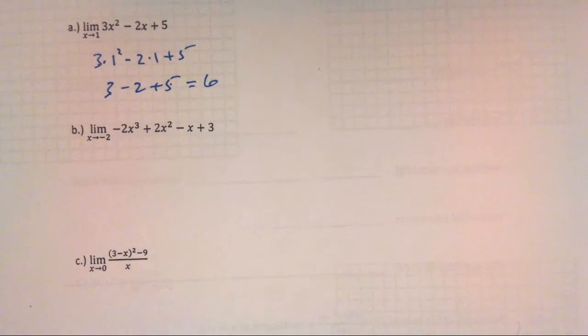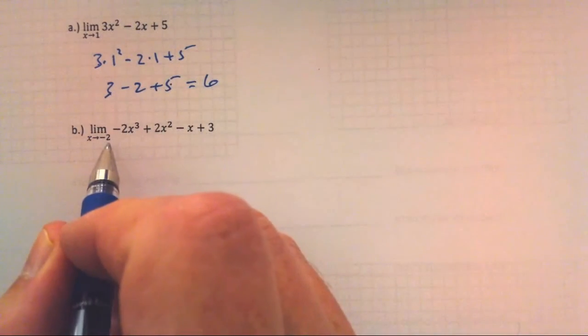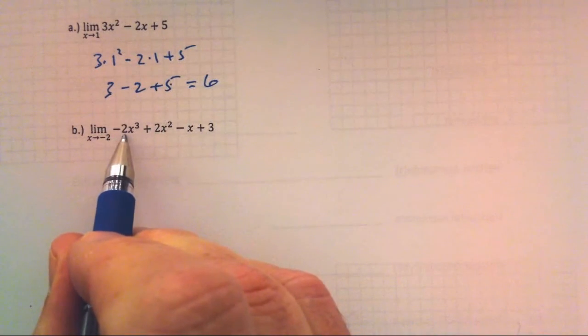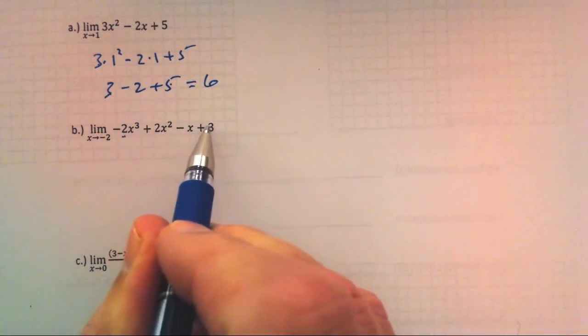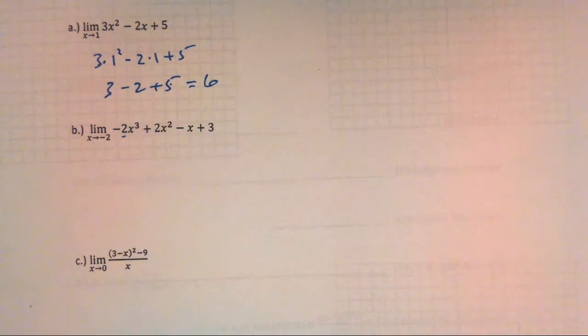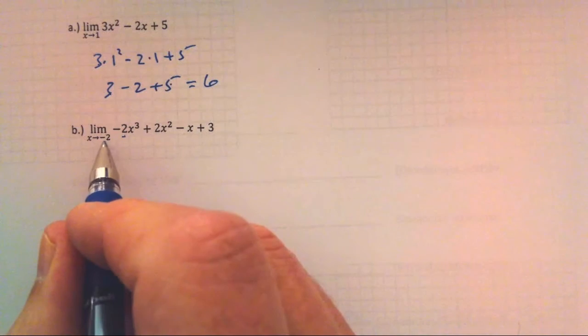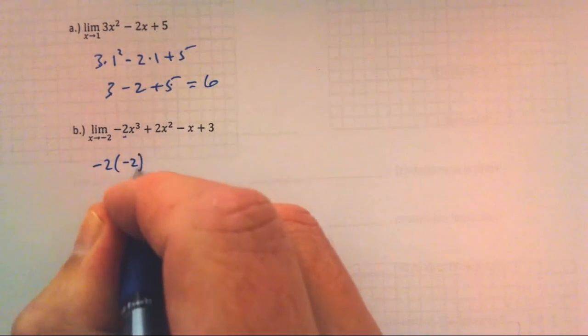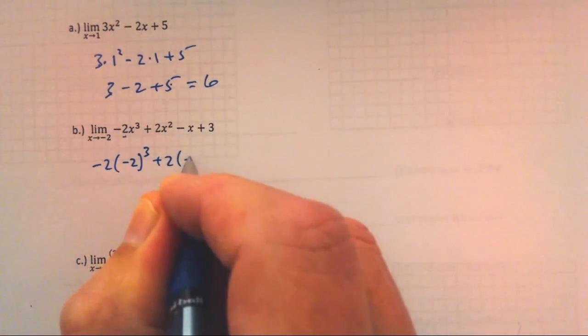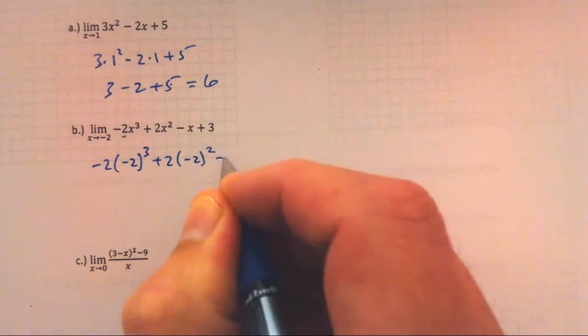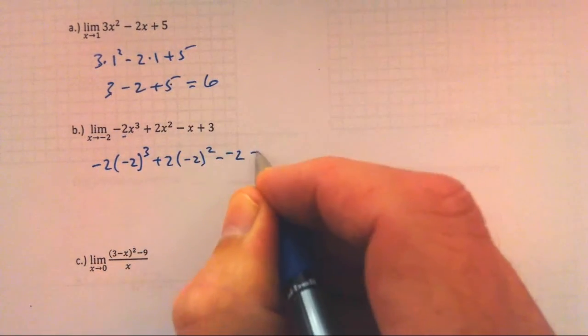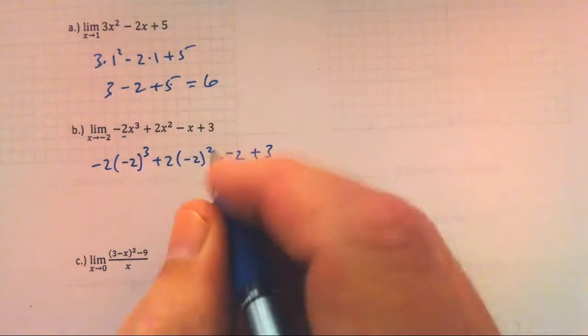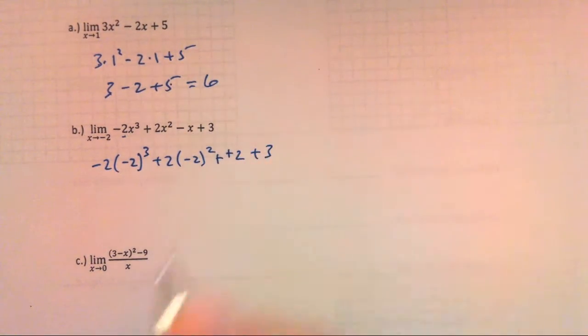Number 2. Again, going to try direct substitution. In fact, I know that's going to work because I know what the graph of a cubic polynomial looks like. It is continuous. So I'm going to put in negative 2. I get negative 2 times negative 2 to the third plus 2 times negative 2 to the second minus negative 2 plus 3. Might as well change this to plus positive here.